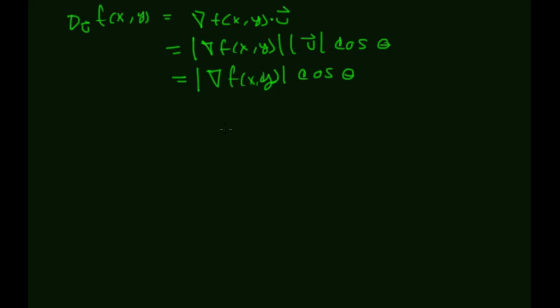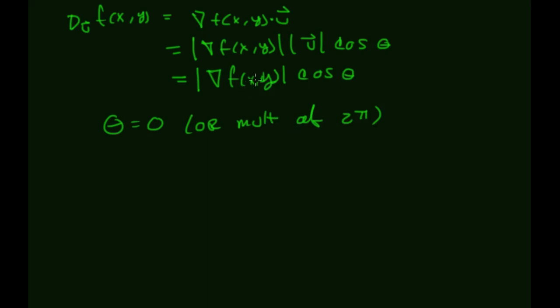Okay, and here's the nice neat little part. When is this maximized, right? Well, this is going to be maximized when cosine of theta is equal to 1, right? So when does cosine of theta equal 1? Well, this happens when theta is 0 or some multiple of 2 pi. Well, what happens when theta is 0 or a multiple of 2 pi?